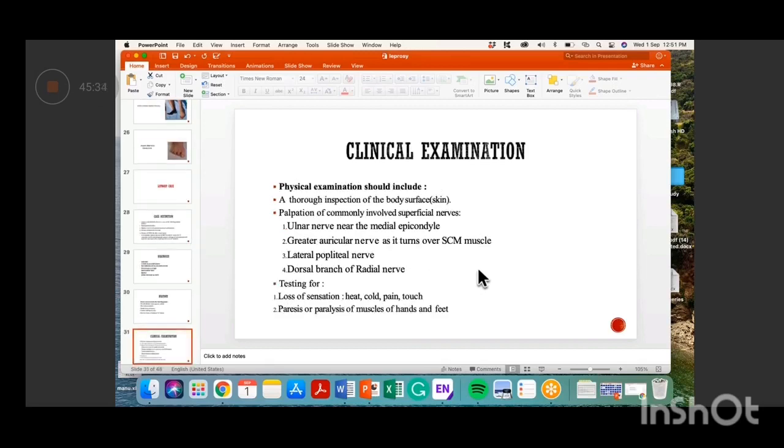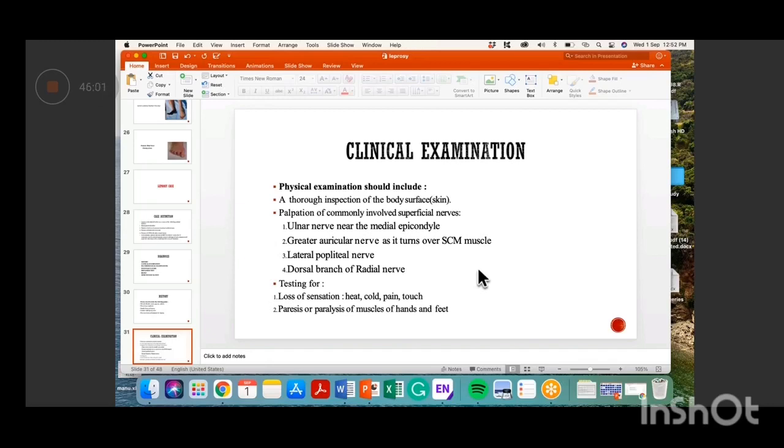Now, coming on to physical examination, firstly, you do a thorough examination of the entire skin, how many patches are there, what is the surface of the patches, is there any nerve to patch, is there any anhydrosis, is there any loss of sensation, and then after checking all these details, you do a palpation of the superficial nerves. Ulnar nerve is usually checked near the medial epicondyle.